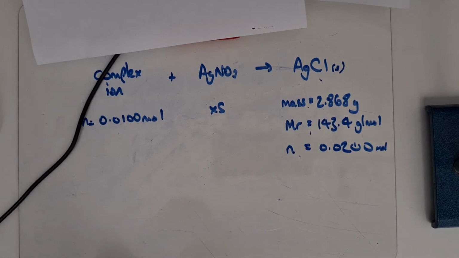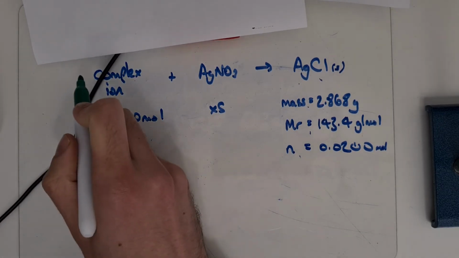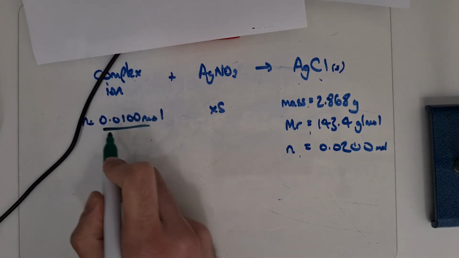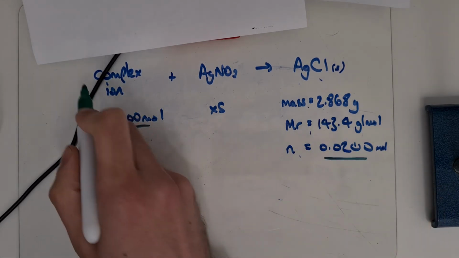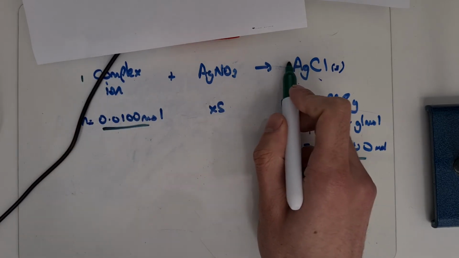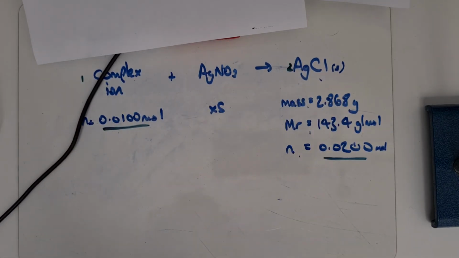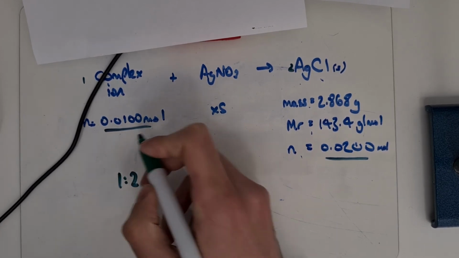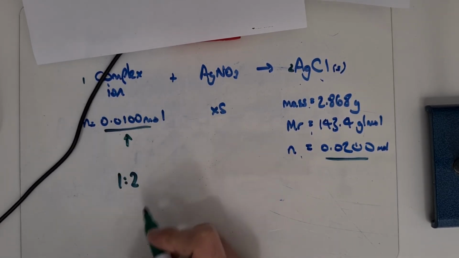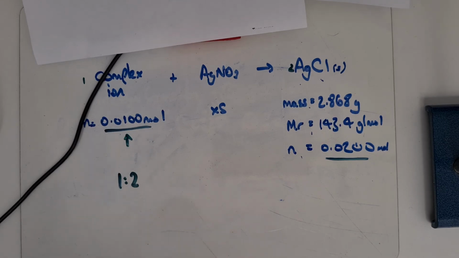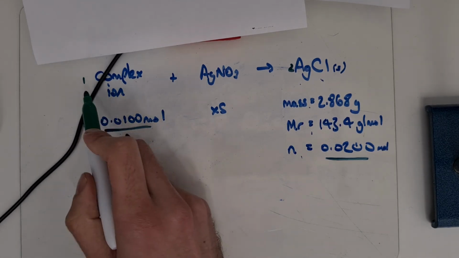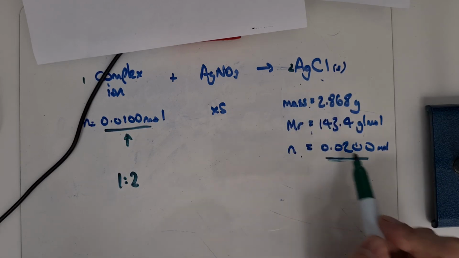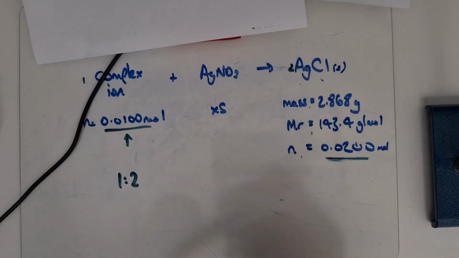So what we can see here is that if we look at the ratio of the moles here to here, for every one of these, we're going to get 2 of those, which means we've got a ratio of 1 to 2. So in this structure, we must have 2 chlorides in order for there to be twice as many moles of the silver chloride.